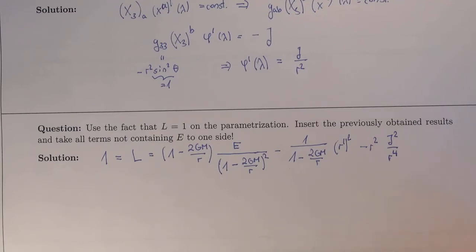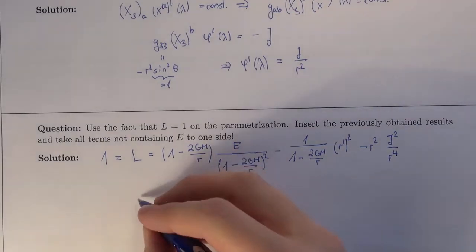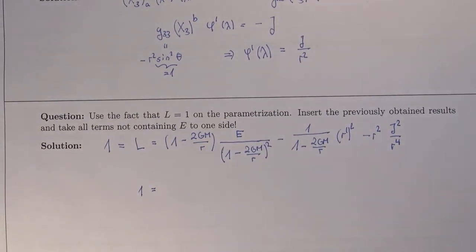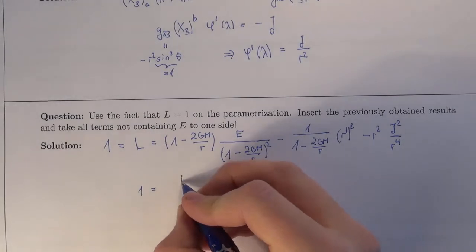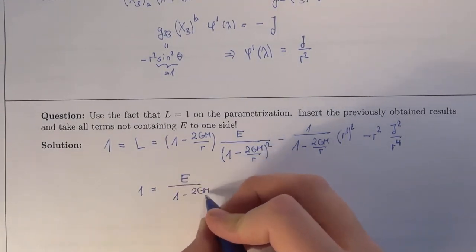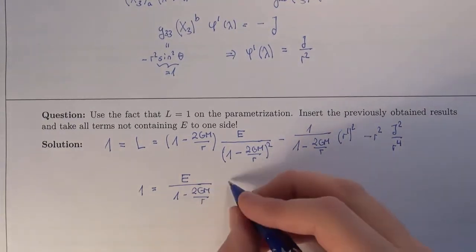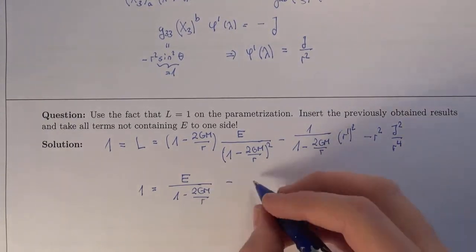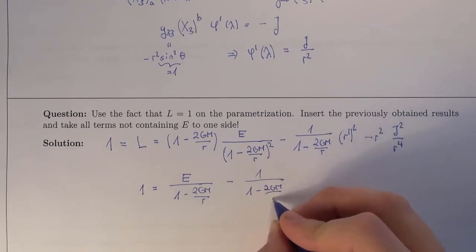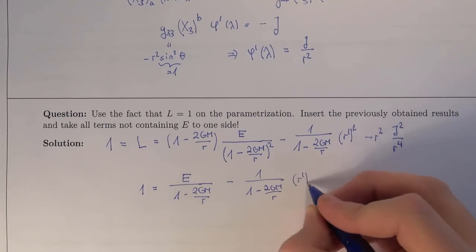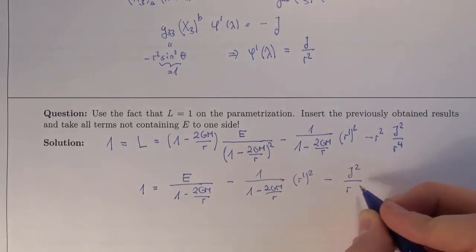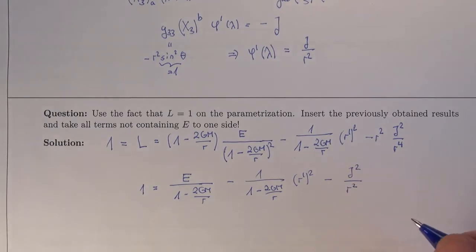And now we substitute all the terms and put them all together, and we will find that 1 is equal to E divided by (1 - 2GM/r) minus 1 over (1 - 2GM/r) r prime squared minus J squared divided by r squared.